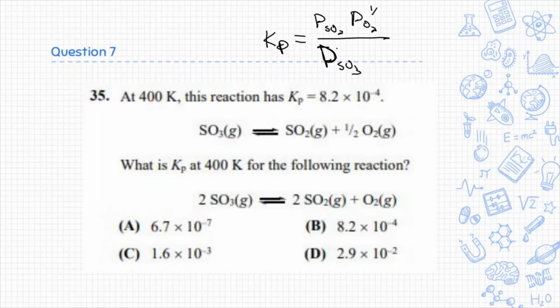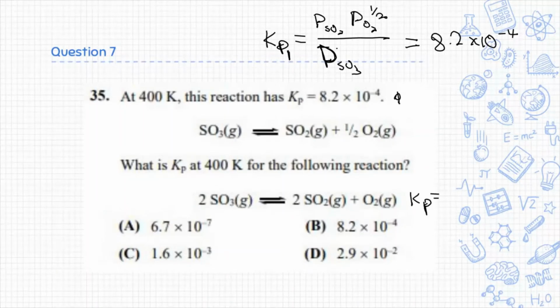Here, Kwan has written the K expression up at the top using the reaction coefficients as exponents. You can see here, the exponent of PO2 is 1/2. So they don't always have to be integers, just so you know.